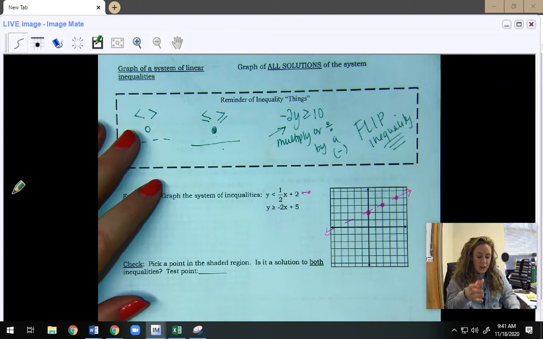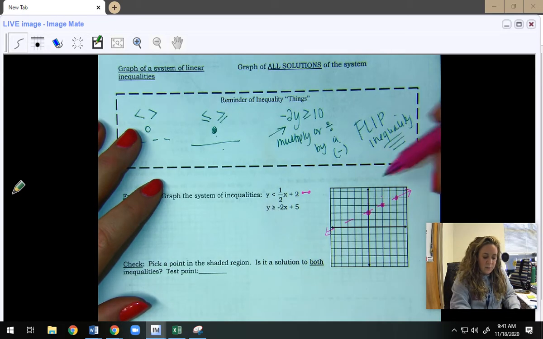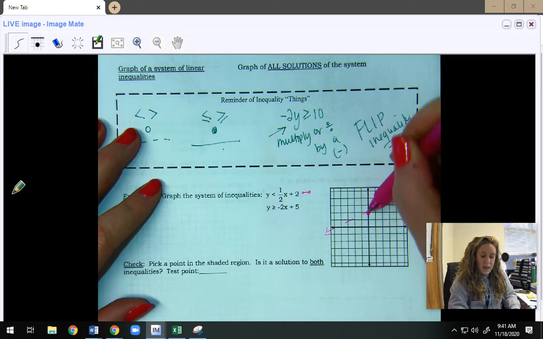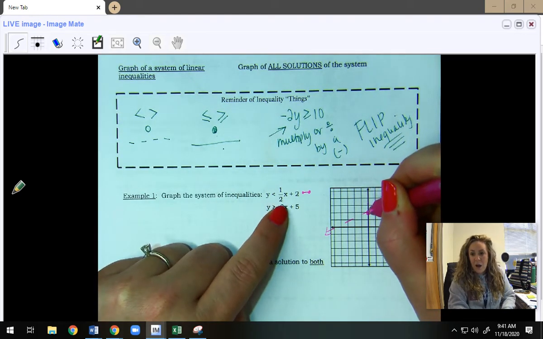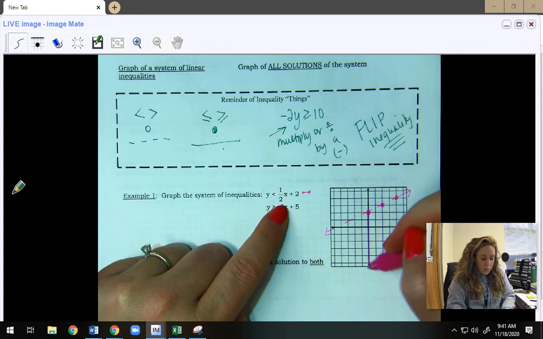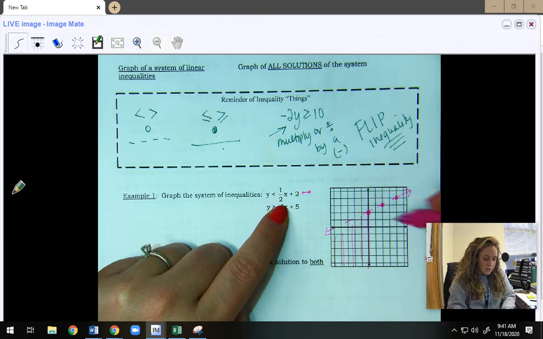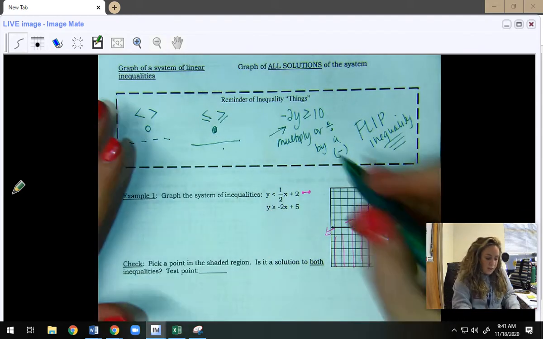You have to shade the solution set. This says y is less than. So if I travel down my y-axis, I hit my y, and it tells me y is less than. So where on my graph are y values less than where I am? Well, they're all down here. Okay, excellent.